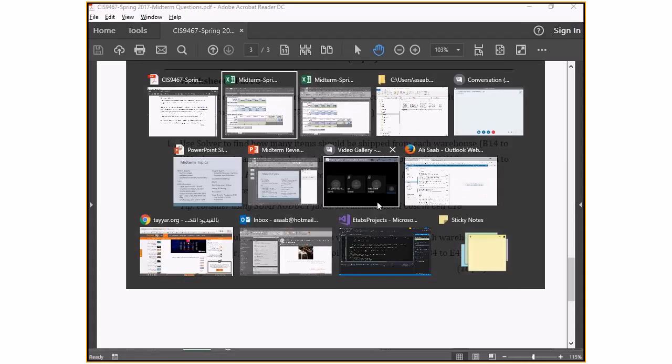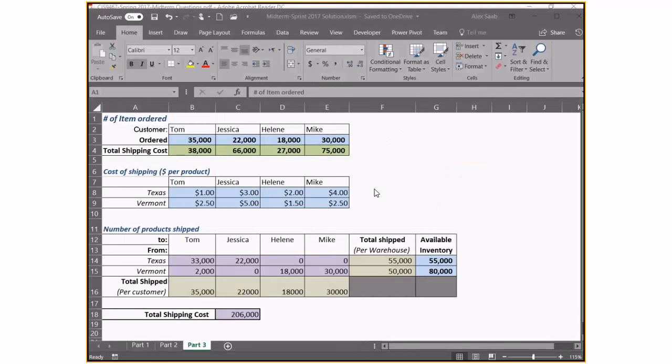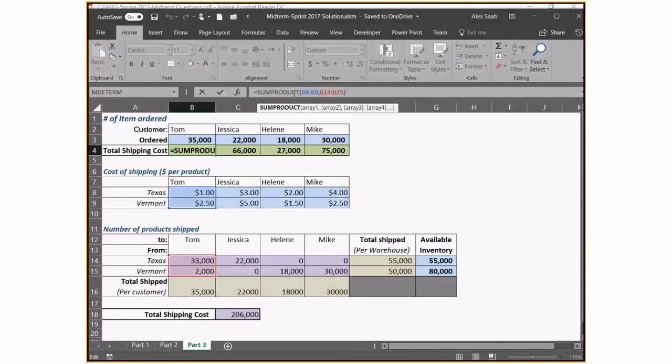But let's go over how quickly we can solve it. So first, the shipping cost. So this is how this works. First, you need to fill these to find out how much you need to ship for each one, for Tom from either Texas or Vermont.